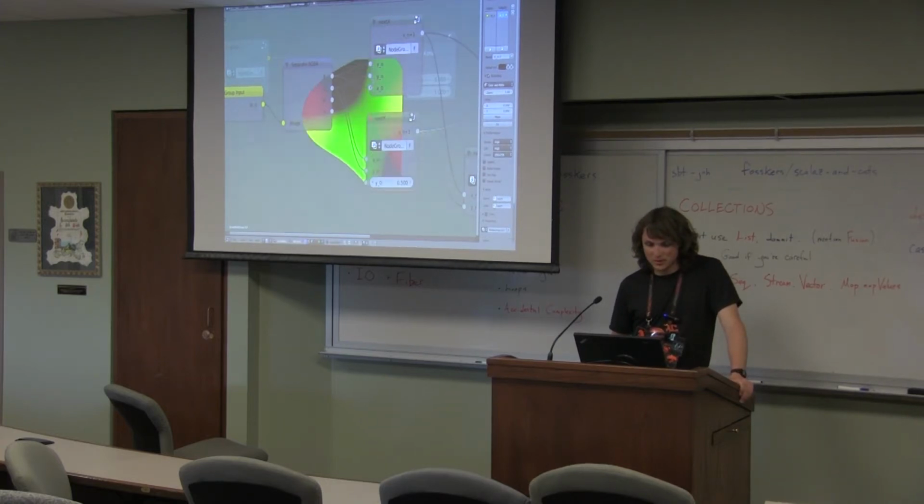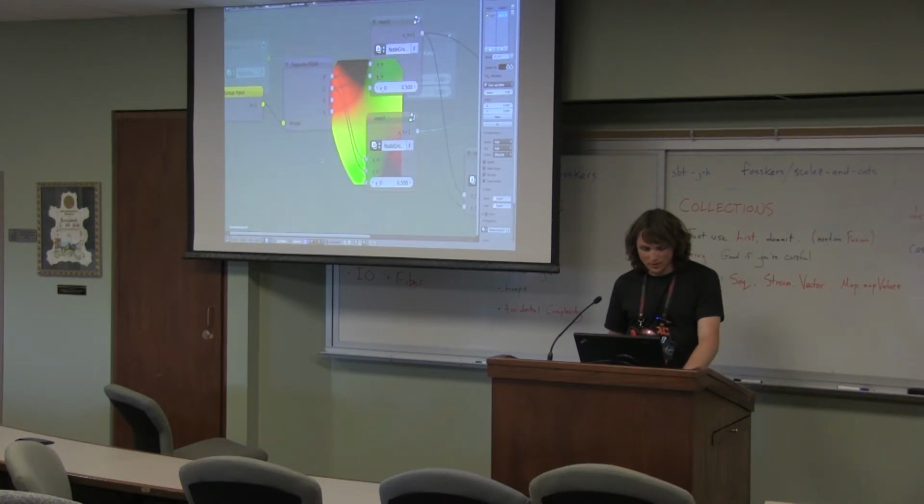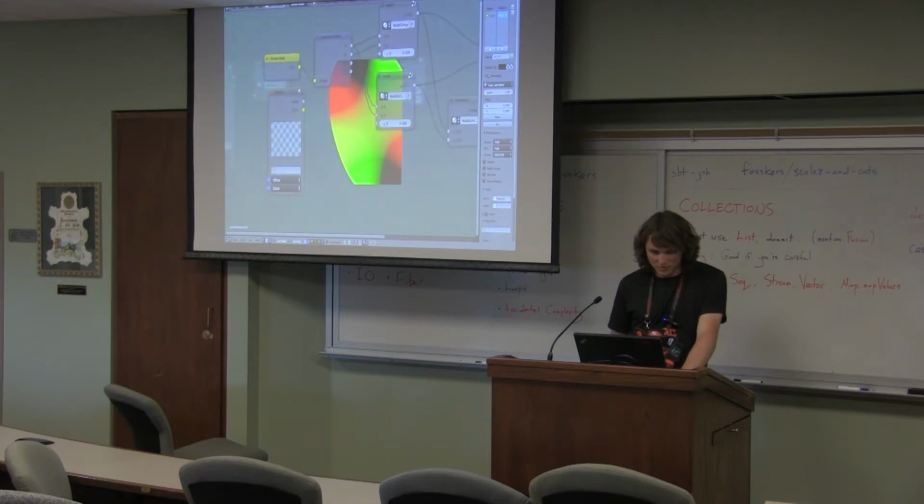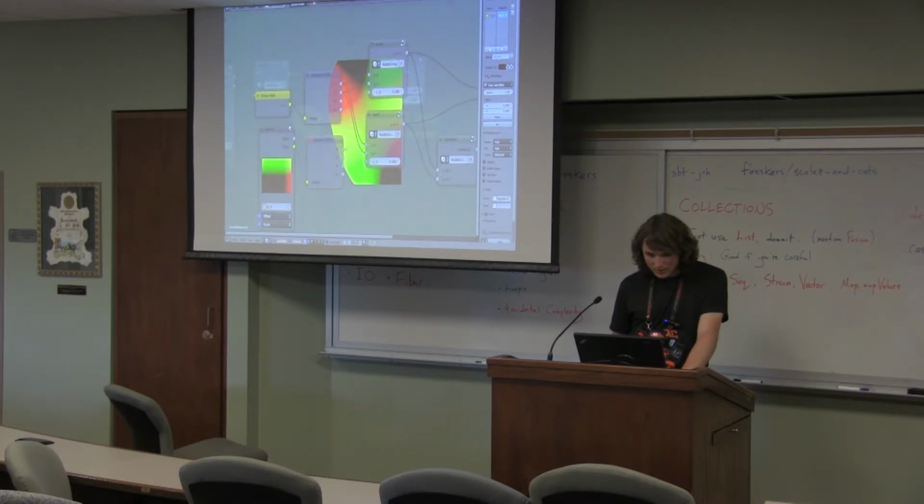So we need to pull these off and have a separate input that will always and forever be the original texture system, original coordinate system. And then the red are the original x values, and the green are the original y values.